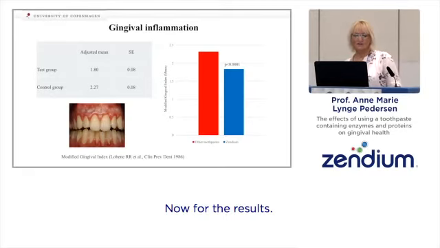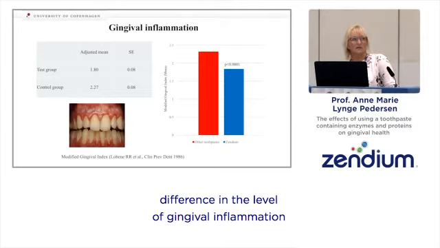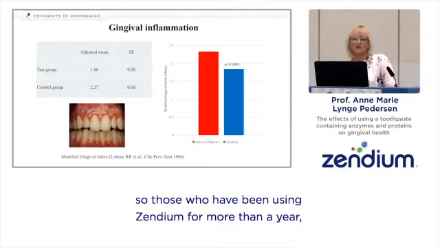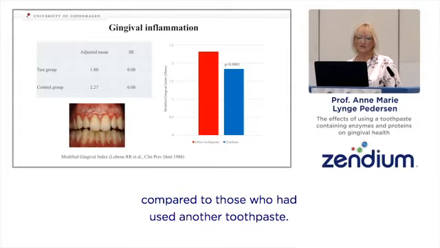Now for the results. What we may not have anticipated to see was that there was actually a significant difference in the level of gingival inflammation. So those who had been using Zendium for more than a year, they had actually lower levels of inflammation compared to those who had used another toothpaste.